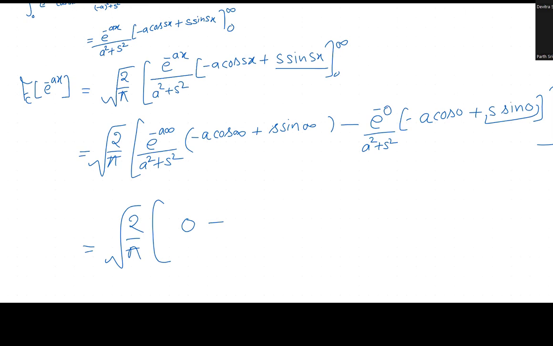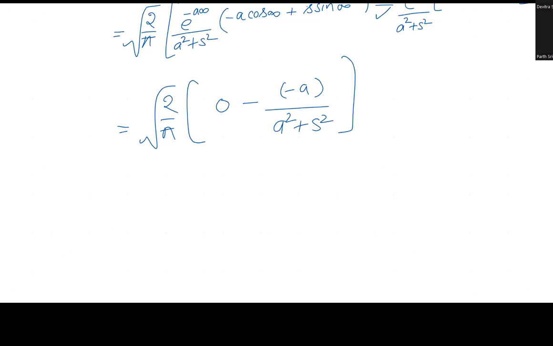So it will be minus a, because we have this minus a and this minus outside, over a squared plus s squared. And finally, we have the transform square root of 2 by pi, in brackets, a over a squared plus s squared. Got it, ma'am? Correct. And here it is given that a is greater than 0.